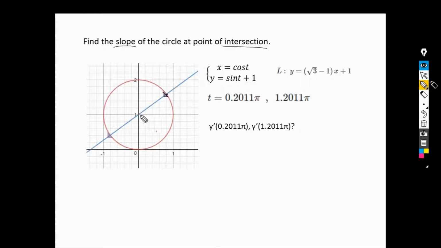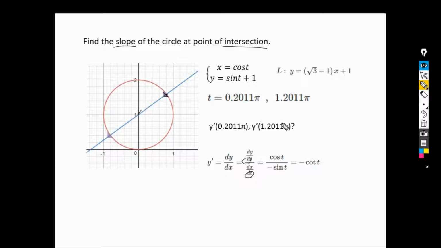But as you can see, because the line passes through the center, it will have a symmetric value, which has a symmetric slope. So to find dy/dx, we need to make it in terms of dt. So we divide each numerator and denominator by dt.